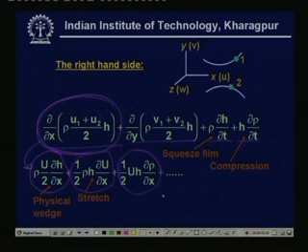As I told you, it is a generalized equation where density variations etc. are also taken care of. Now, this is another very important term: with respect to time, how the film thickness is changing, and that is called the squeeze film. And the last one is how compression takes place with respect to time.